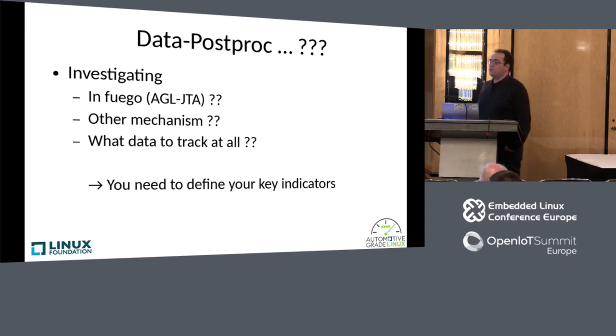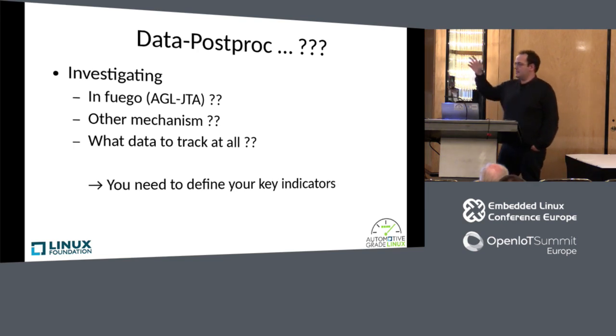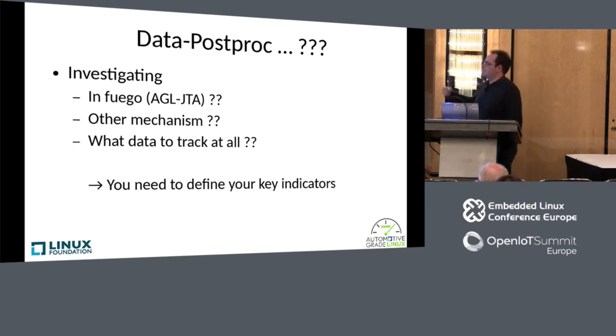You track a lot of boot reports, right? For us, in our case, we might want to track, well, can the board send CAN messages? So on top of that, what are the key indicators that we want to track?